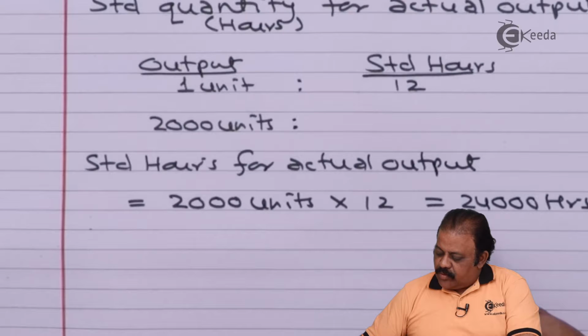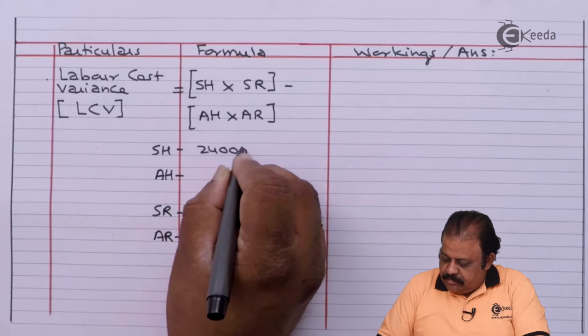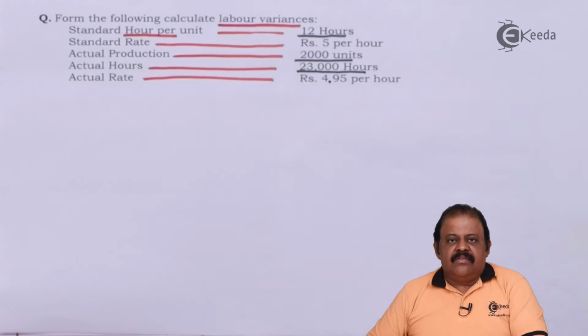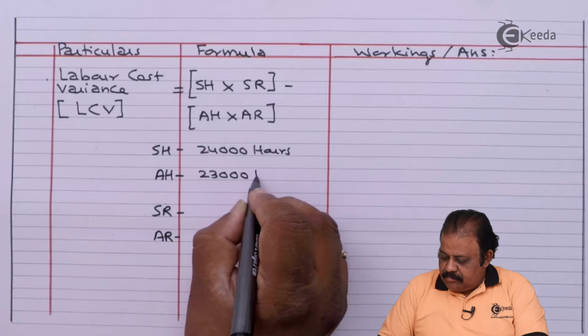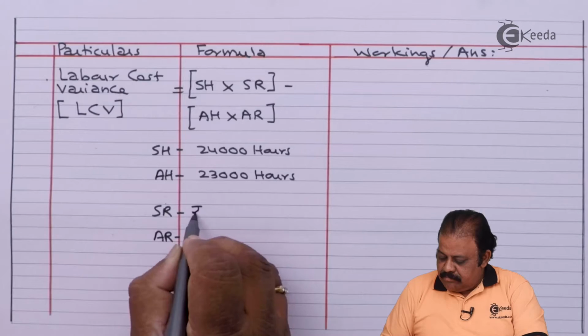Standard hours we have calculated 24,000 hours. Actual hours 23,000 hours. Standard rate rupees 5 per hour.